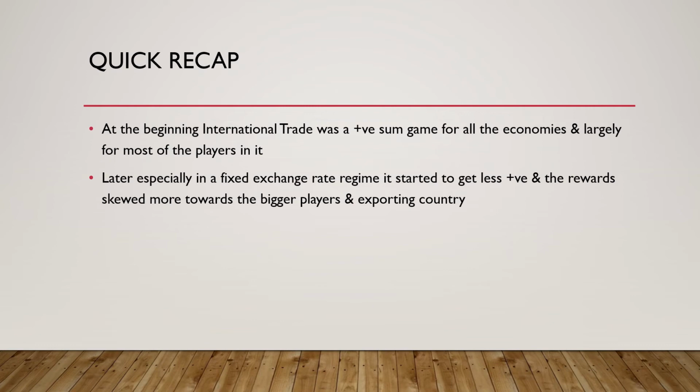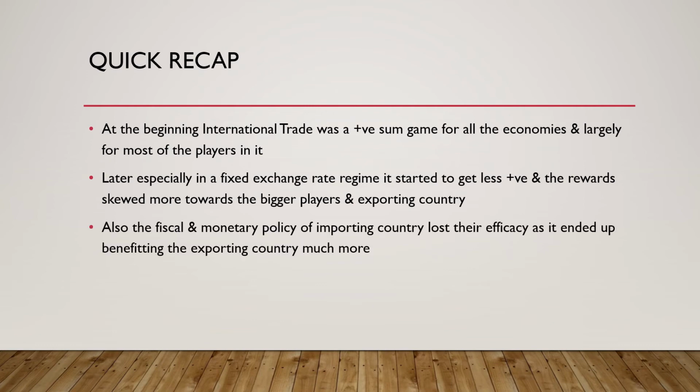It's less stark in a floating exchange rate regime as adjustments take place, but it is present even there as well. Also, the fiscal and monetary policy of the importing country starts to lose its efficacy as it ends up benefiting the exporting country much more.